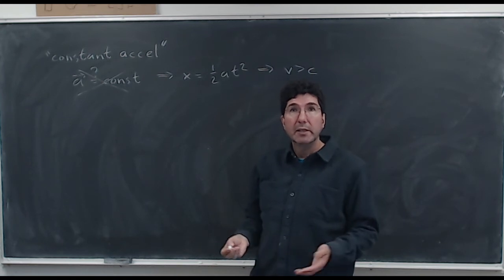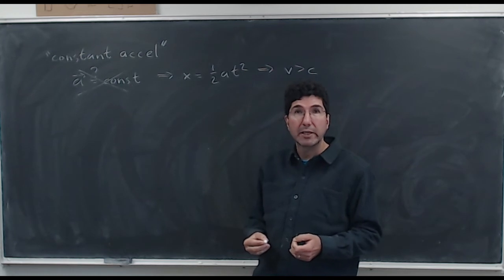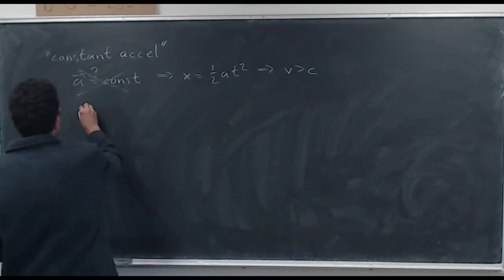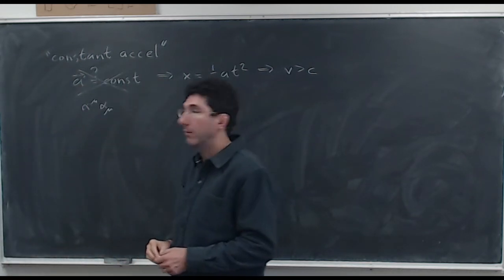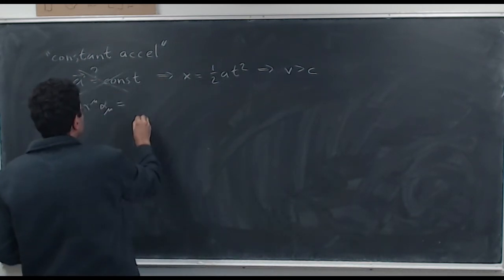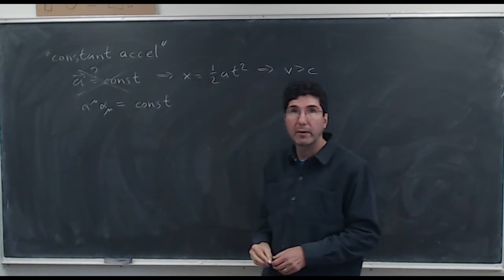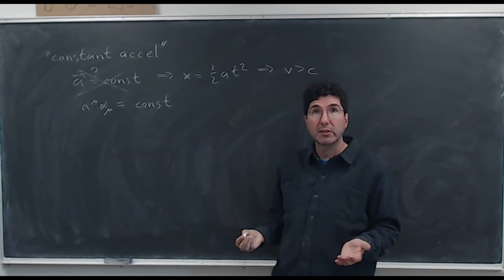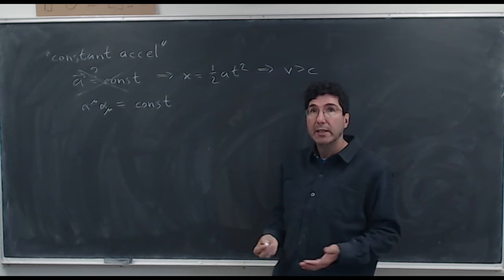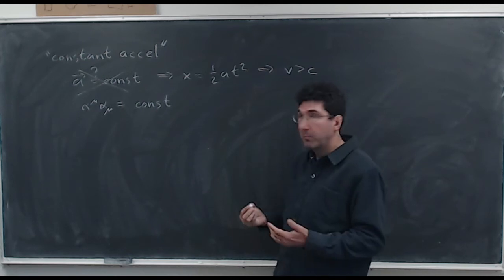What I claim is the right thing to describe what we would mean by constant acceleration is that the square of the 4-acceleration, alpha mu, is instead a constant. Now, why is that the correct physical notion of constant acceleration? Well, the key idea is to think about the instantaneous rest frame of the particle.